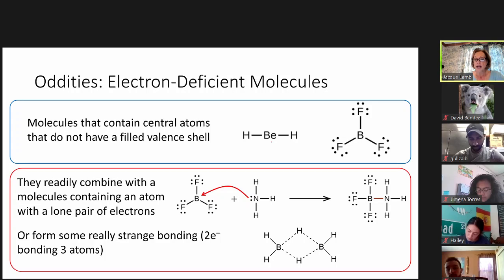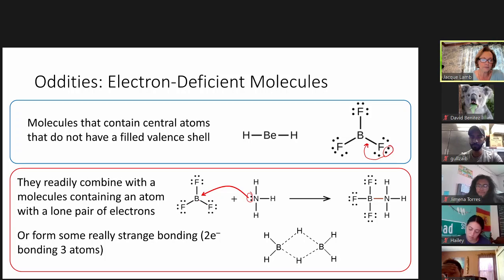This is actually called a Lewis acid-base reaction. And so you form a bond between the nitrogen and the boron. This reaction happens fairly readily because boron is electron deficient. It can stay with 3 bonds, but it's not as happy as it would be if it had an octet.